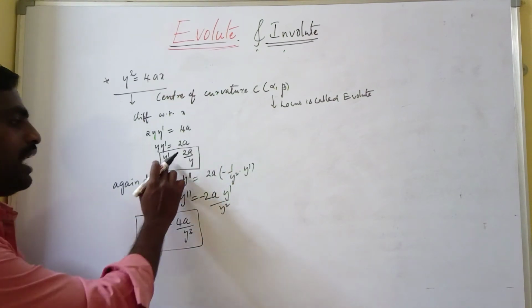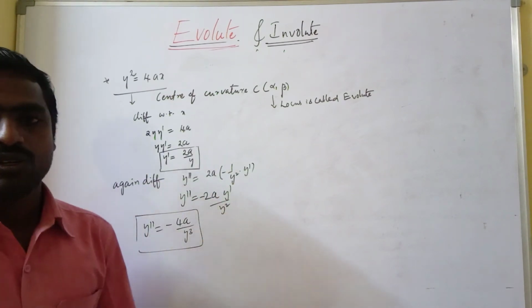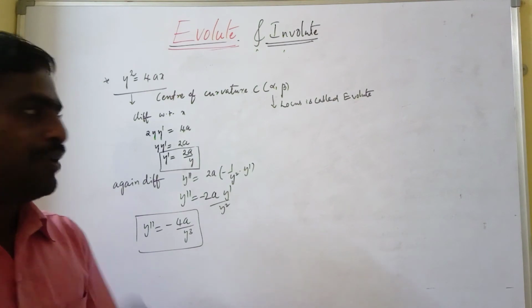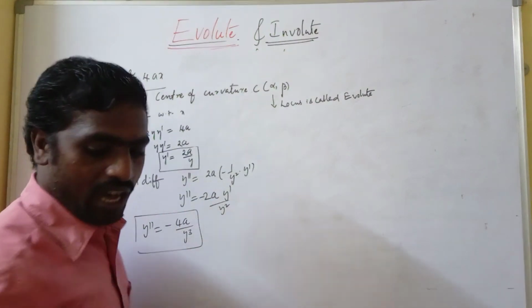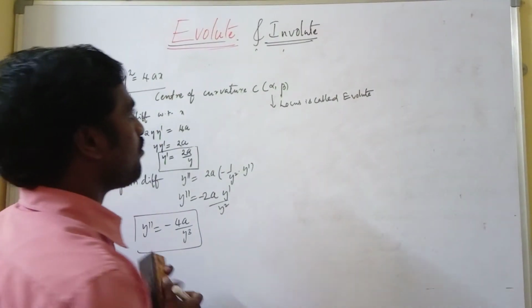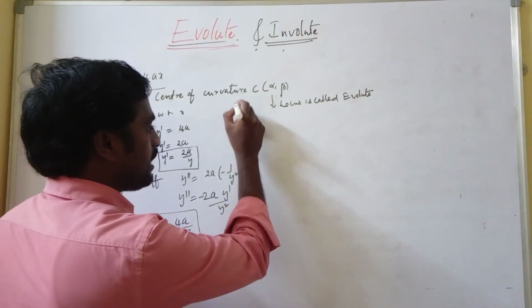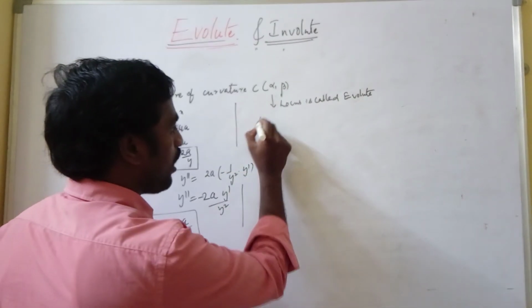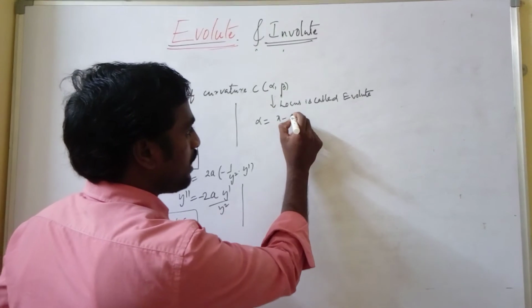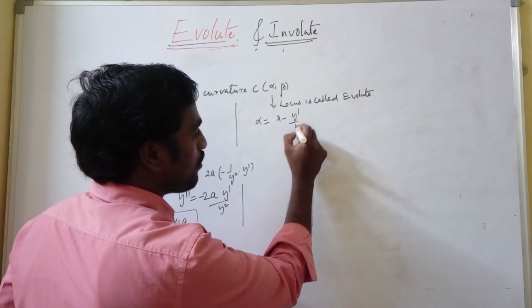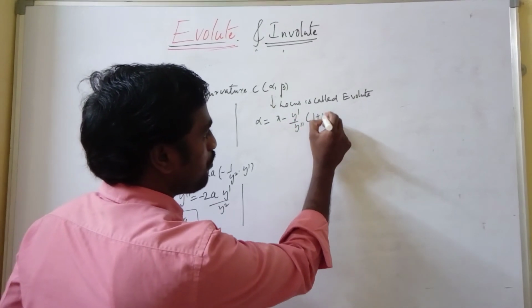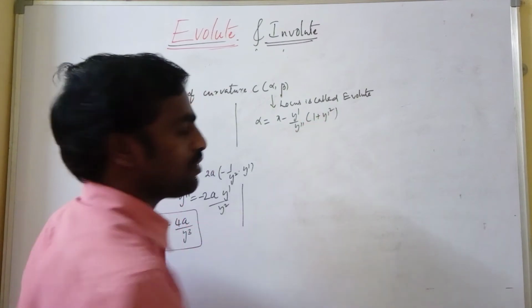Here we have the y dash and y double dash values, so we require alpha and beta. What is the formula for alpha? Alpha is equal to x minus y derivative by y second derivative into 1 plus y dash square.